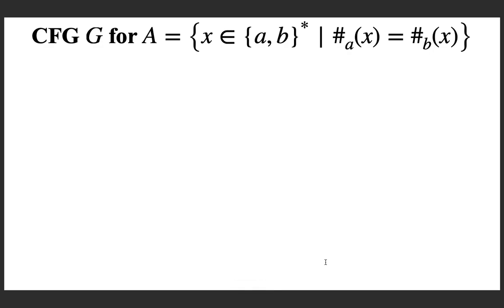Consider a context-free grammar G for the language A, which is the set of all strings over {a, b} with equal number of A's and B's. The number of A's in the string must be the same as the number of B's in the string.